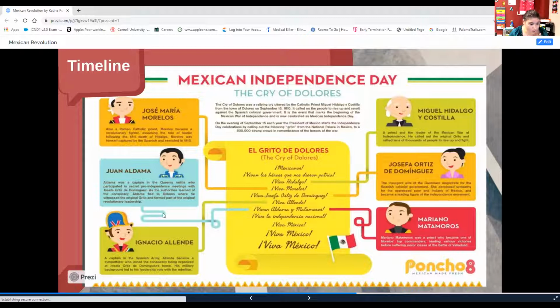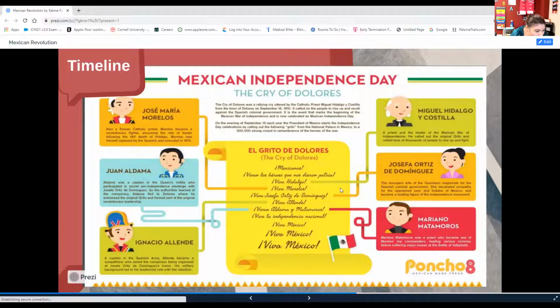Okay, so there is a translation of kind of what's happening. It's: Mexicanos, vivan los heroes, viva Hidalgo, viva Morales, viva Josefa Ortiz de Dominguez, viva Allende.